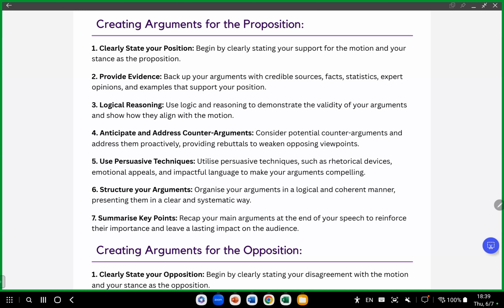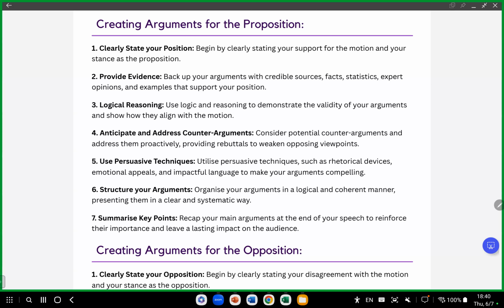Number 3, we need to use logical reasoning. We use logic and reasoning to demonstrate the validity of our arguments and show how they align with the motion. Using logic just means that we need everybody to be able to understand our arguments.